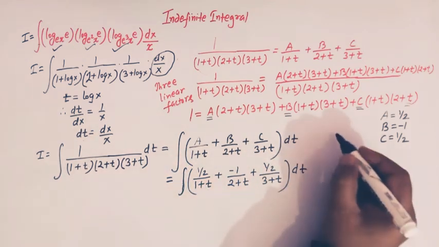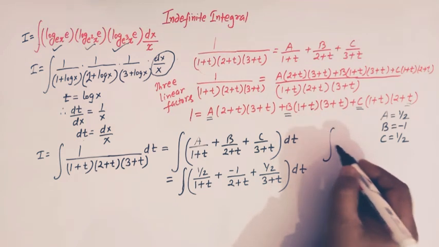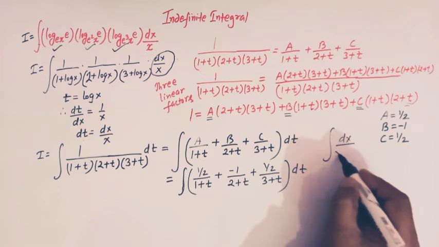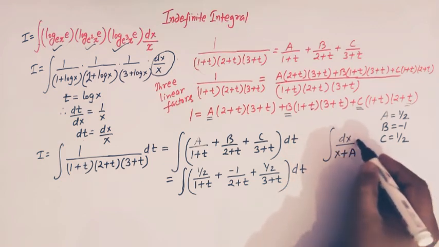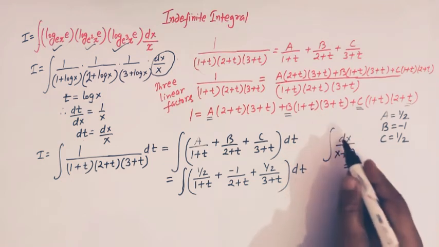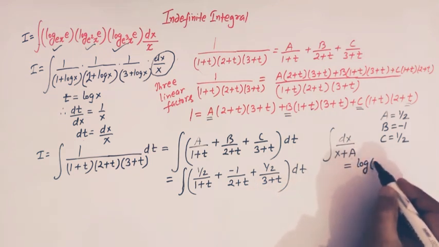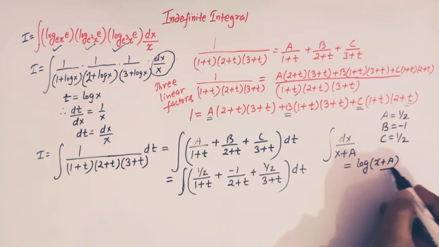So now here we'll make use of an important result from integration, that is the integral of dx over x plus a is a log of x plus a, right?